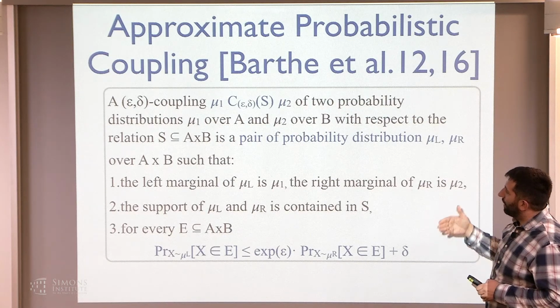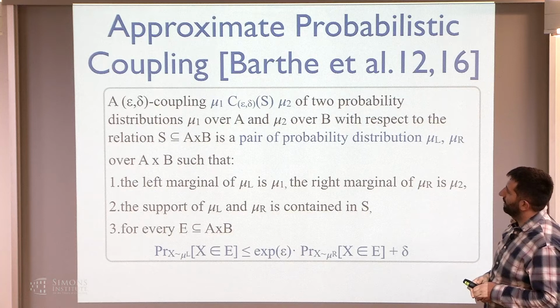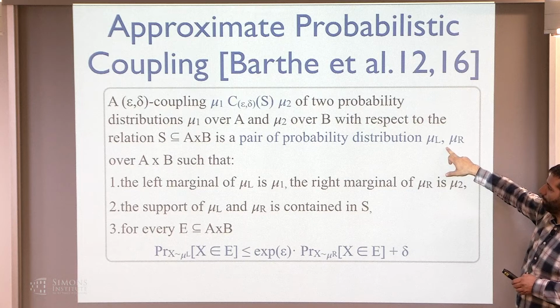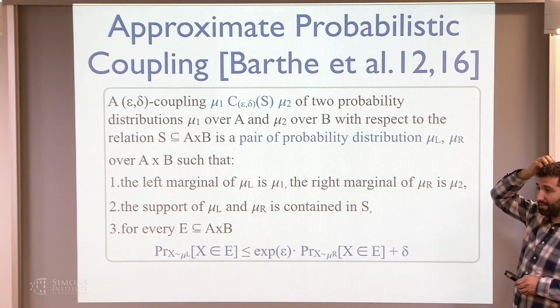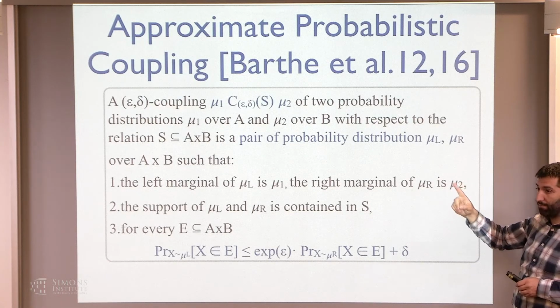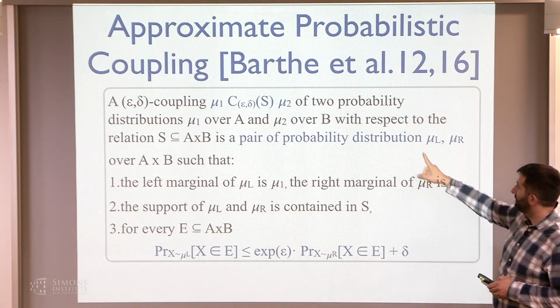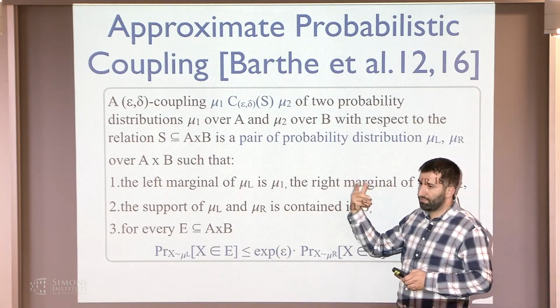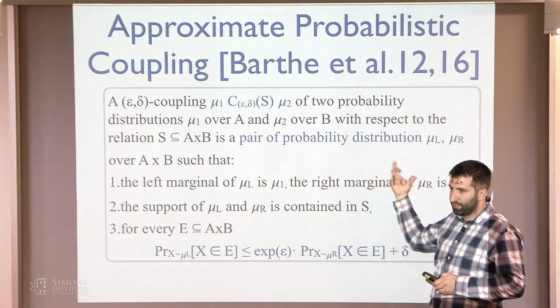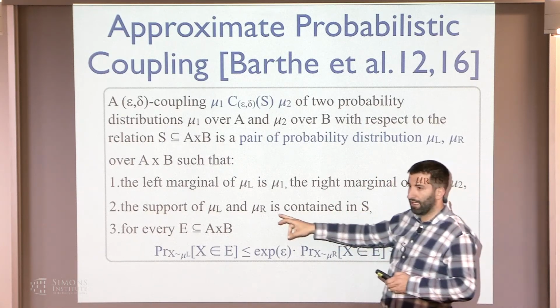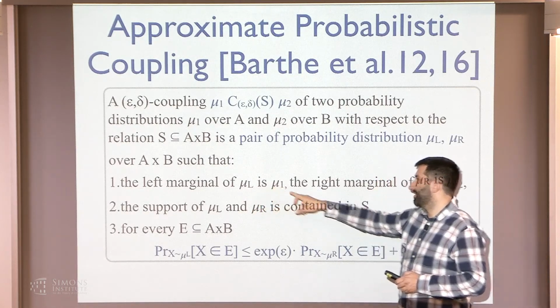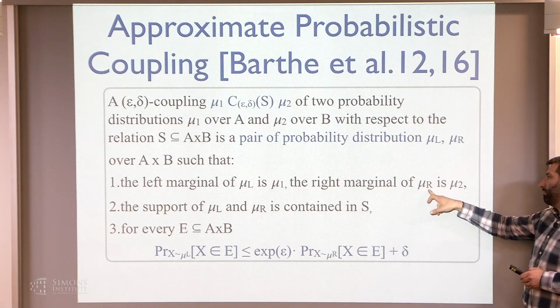So mu1 and mu2 are two distributions, and we have a coupling in our sense if we can see two probability distributions on the joint space. Here we are a bit different from the usual coupling, because usually you want one probability distribution on the joint space. Here we take two of them, because we also handle subdistributions, so these two are sometimes needed. We want the left marginal of mu L to be mu1, and the right marginal of mu R to be mu2.